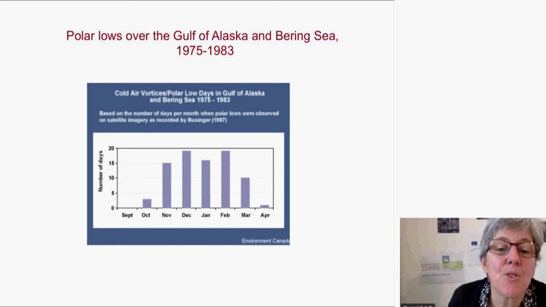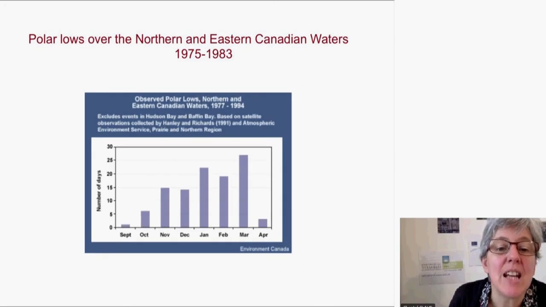For this period, we do not find the maximum in March that we had for the Nordic Sea, but still we have a lot of systems which form during winter, and fewer systems at the beginning and at the end of the winter. And we have the same kind of distribution for polar lows which form over eastern Canadian waters.